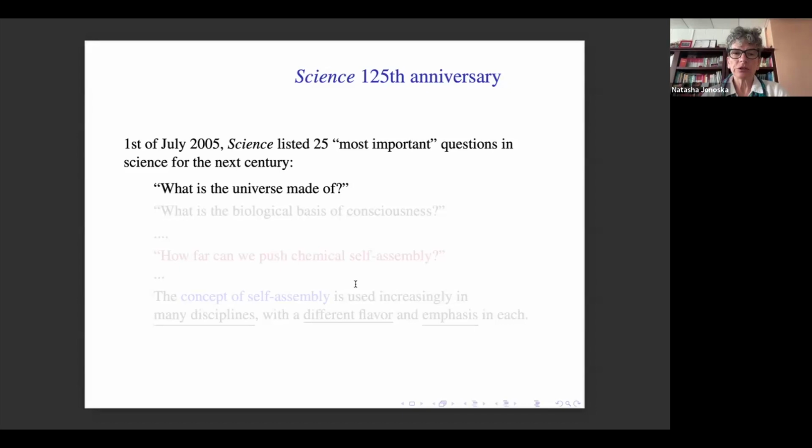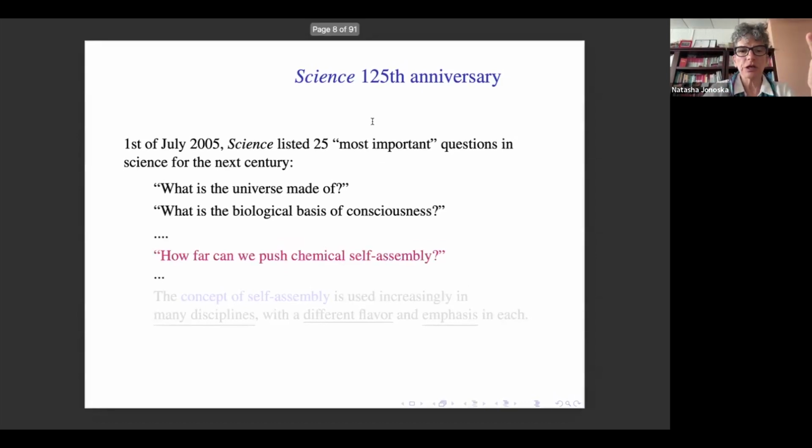So I want to point out that this notion of self-assembly is something that science has identified. So in 2005, Science listed 25 most important questions in science for the next century. And of course, these were the huge questions like what is the universe made of, and what is the biological basis of consciousness? And one of those questions was actually, how far can we push chemical self-assembly?